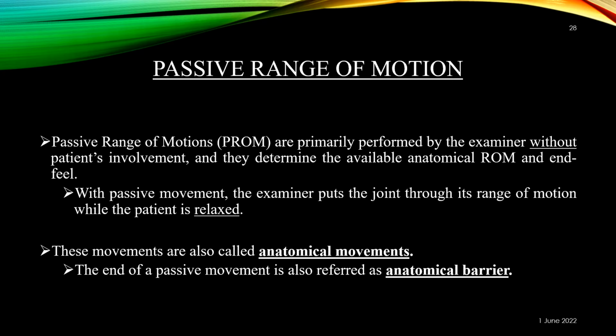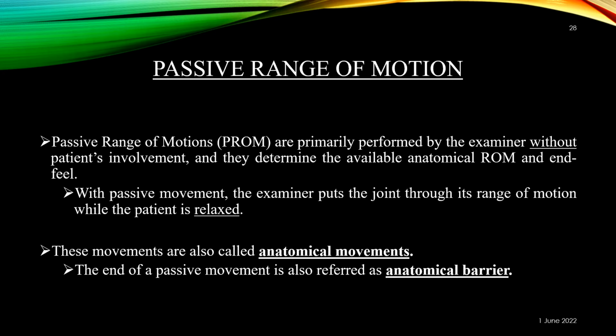So you're moving the joint of the client without the client's help as much as possible to see if the problem is musculature or non-contractile tissue like a ligament or fascia or whatever. So this is the differentiation component. You also get to see the capsular patterns, capsular restrictions. So keep that in mind for now.